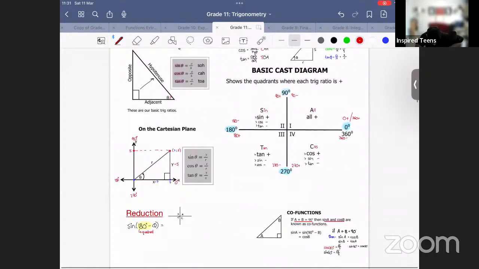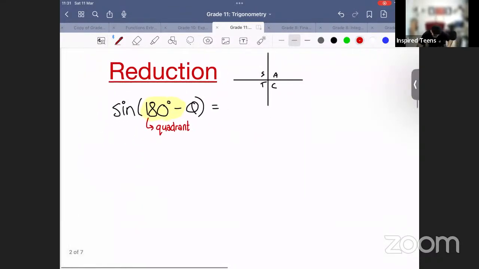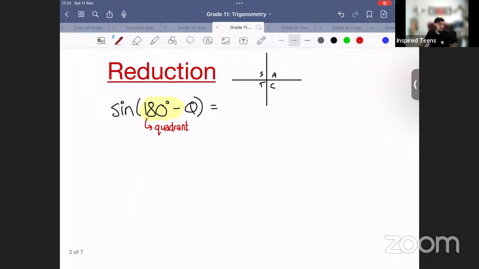When we talk about reduction, we want to determine which quadrant we are in, to help us determine whether our final answer is going to be negative or positive. So someone tell me, 180 minus is in which quadrant exactly?